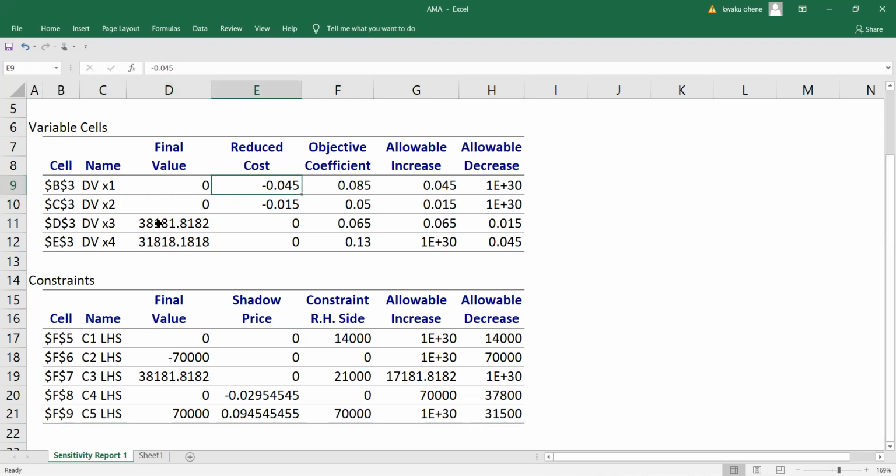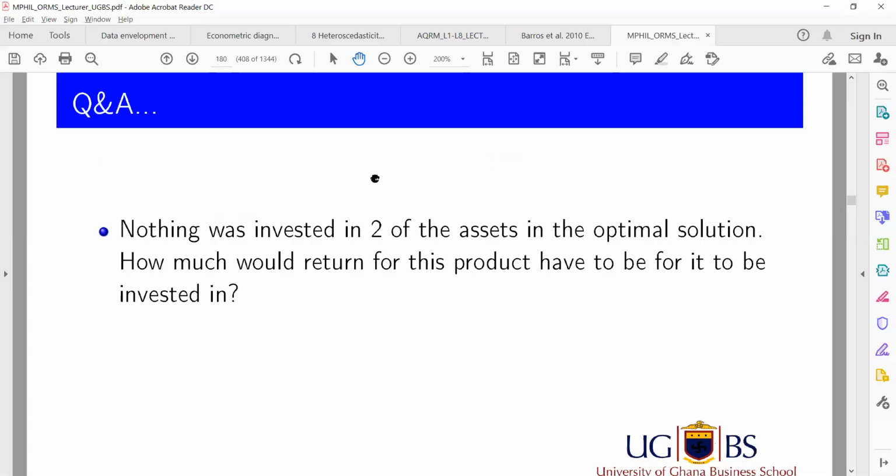But anytime the final value of the variable cell is positive, it means you are producing that final value, and the reduced cost value will be 0. Of course, you should know that the reduced cost value is the opportunity cost of producing the final value.